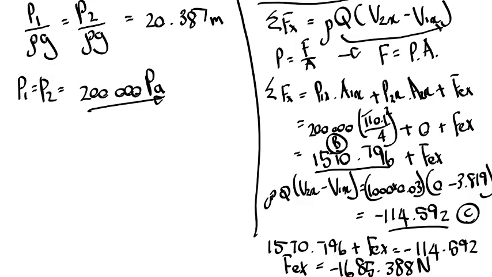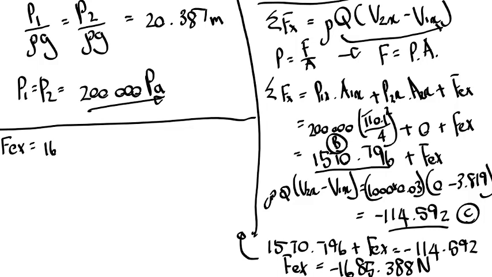So it means that FEX, the FEX that we assumed earlier on, we know now that FEX is equal to 1685.388 newtons in positive to, let's just check again, what did we say?